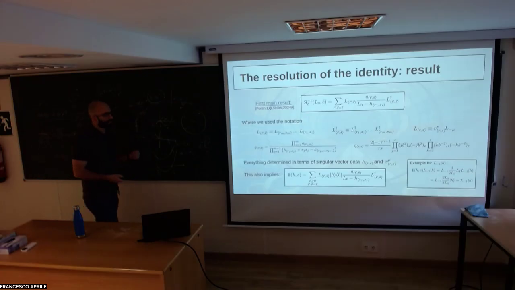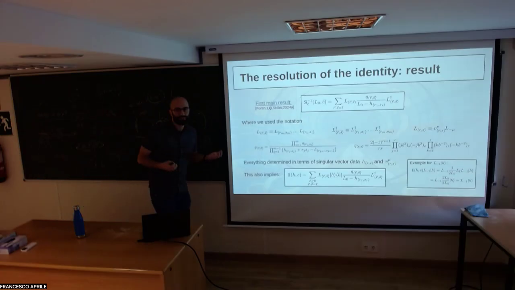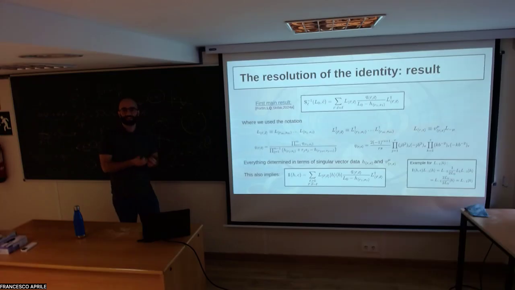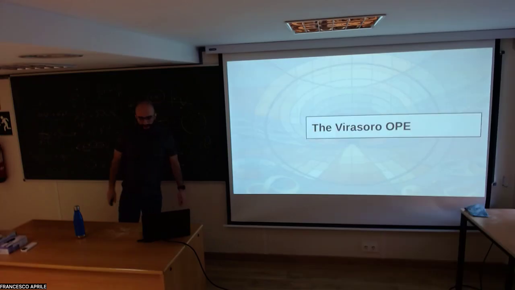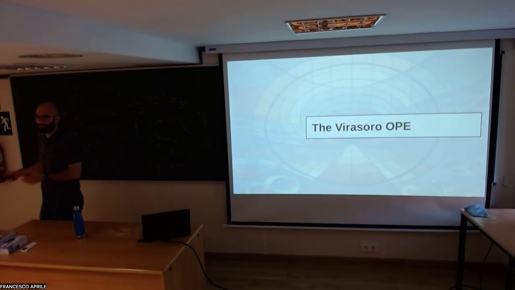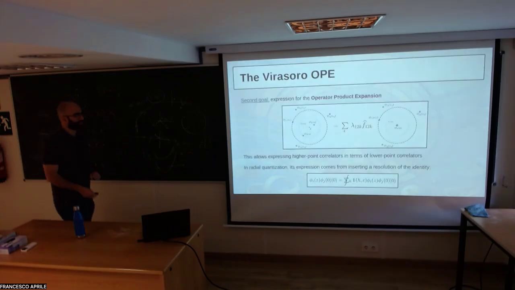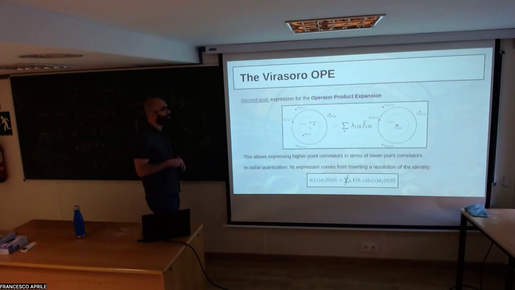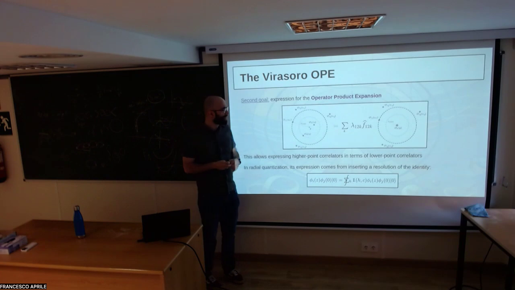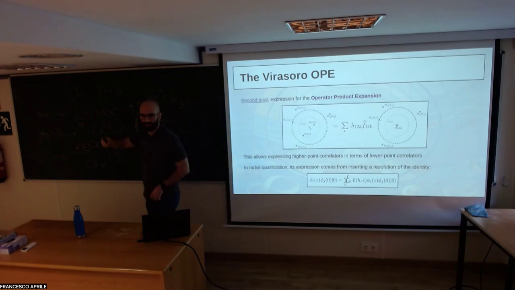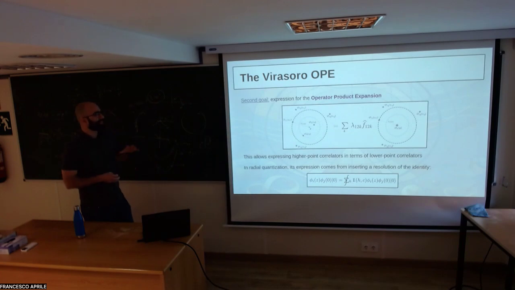Okay, why is this nice? Well, first of all, it's a foundational object. It tells us how things are reorganized, and it also allows us to determine the Virasoro operator product expansion, the way it is expressed. What is the OPE? We saw one version of OPE today with the boundary OPE, but this is just a more classical version in CFT.